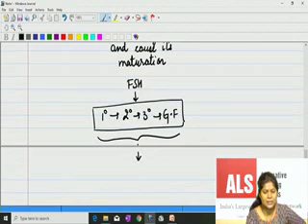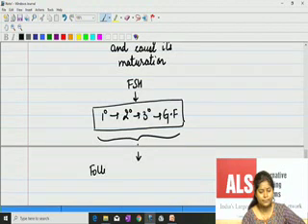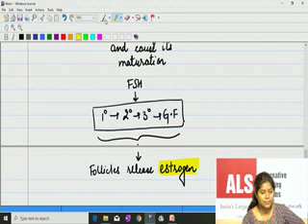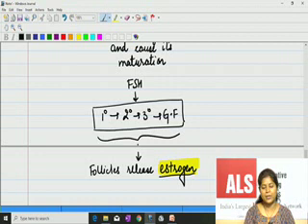release the female sex hormone estrogen. So these follicles are going to release what? They are going to release the female sex hormone called estrogen.